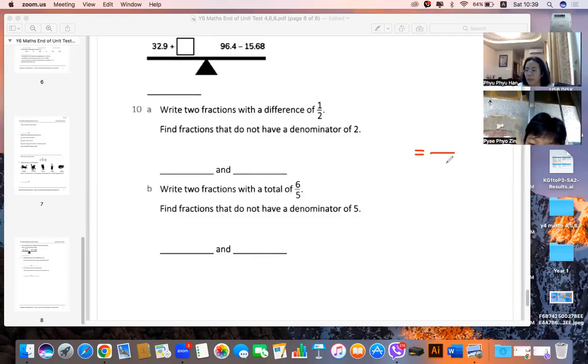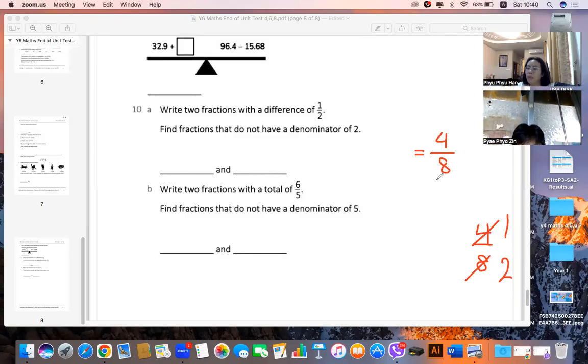So 4 by 8 is equivalent to 1 by 2, right? Correct or not? Why is it equivalent? It's 4 by 8, dividing by 4, 1 by 2. Because it says don't show the calculation with the denominator 2, I will show this 8.